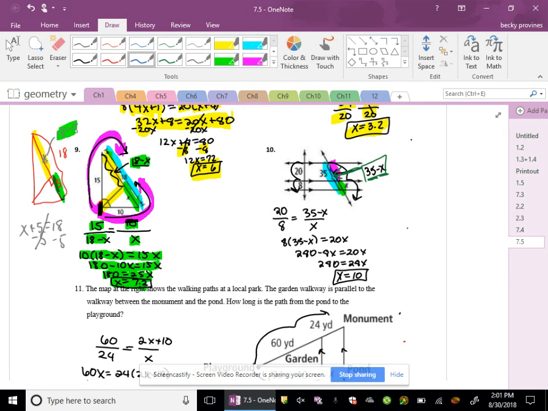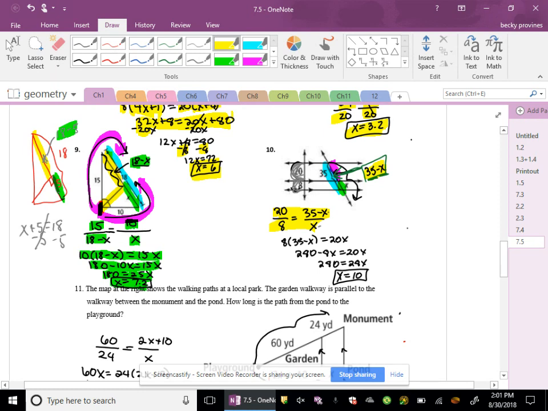Now, once I have this 35 minus x, now you can write your fraction. So I'm going to start over here on the left and just say 20 over 8. And then go to the right side and say 35 minus x over 8. So I have my proportion now.